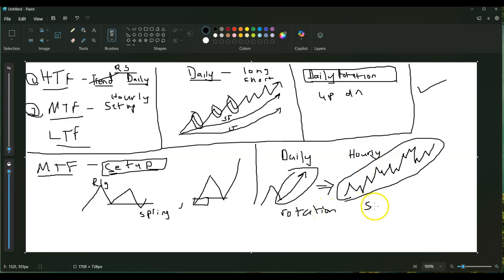The daily rotation, hourly setups. So when you see the hourly setup, you'll see that this here is a spring. You'll see that this here is a spring. This here may or may not be a spring, but similar to it, you get movements.